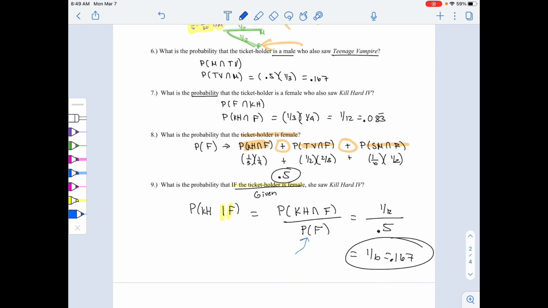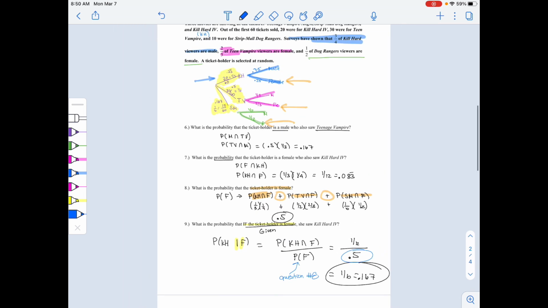Gratefully, this is question number 8, so we already knew that answer. Kill hard and female comes out to be 1/3 times 1/4, which is where I'm getting the 1/12 from. So I have 1/12 divided by 1/2, which gives us 1/6 or 0.167.